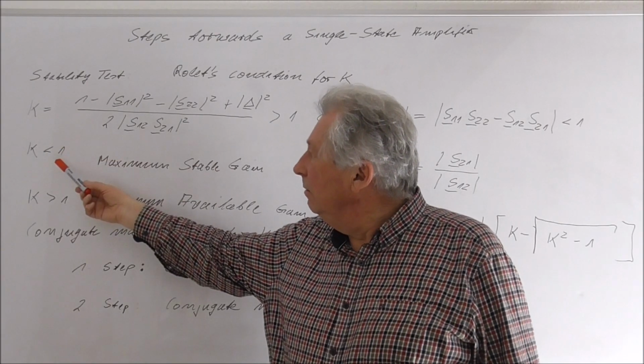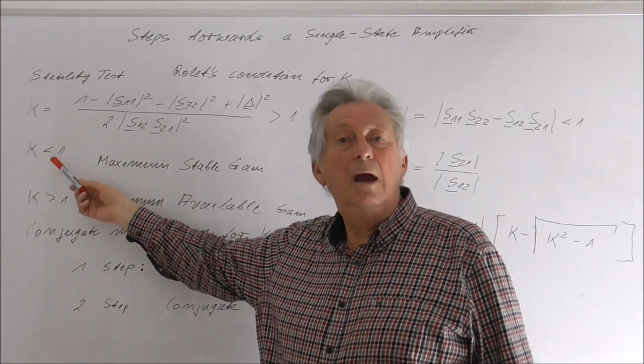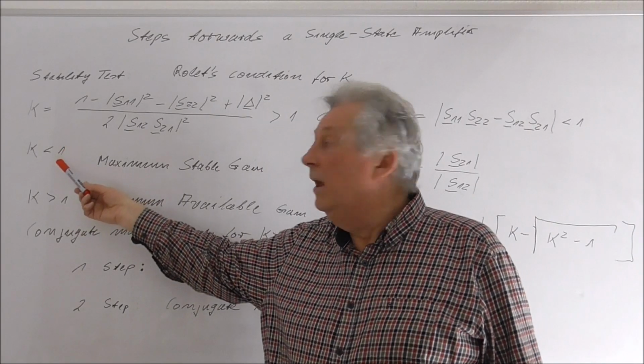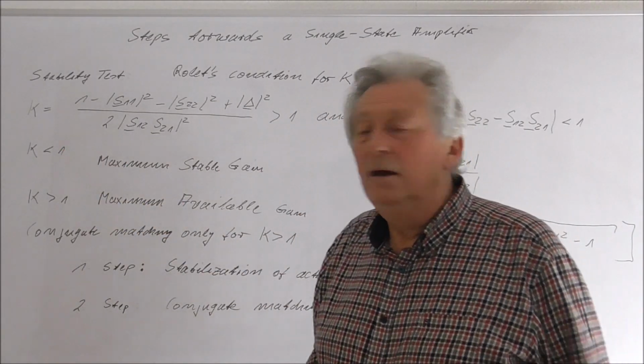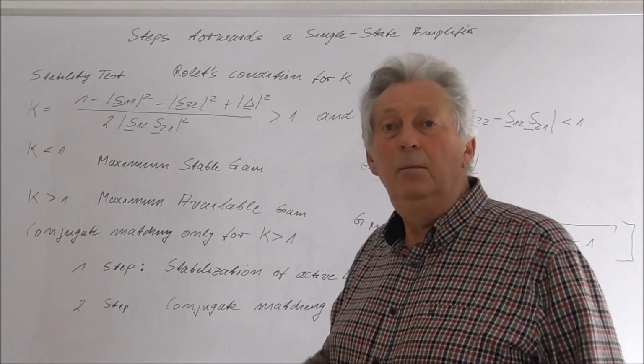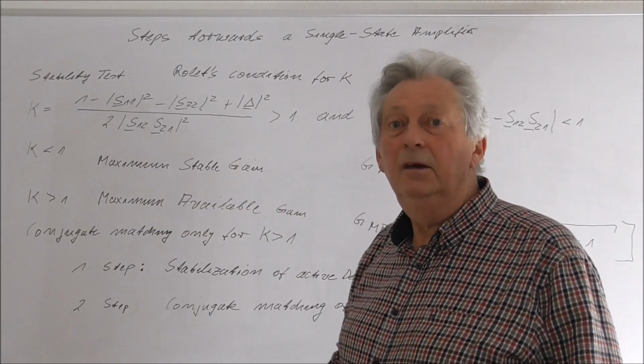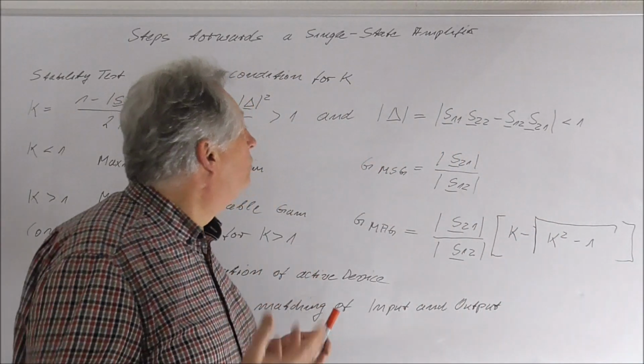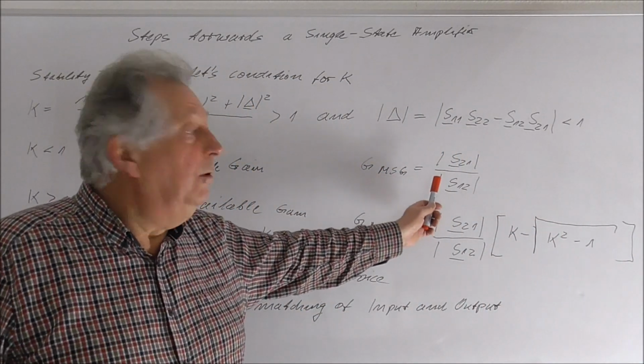One situation is that K may be smaller than 1, and as a result I can only calculate the maximum stable gain, which gives me an idea how much gain I can get with the help of the transistor.